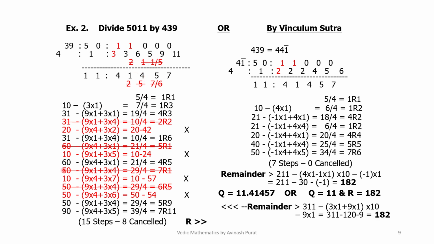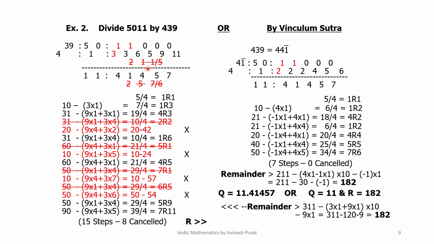Now 50 dividend minus 9 into 1 plus 3 into 4. So 9 plus 12, 21. 50 minus 21 is 29. 29 divided by 4. We can take 7 as quotient and remainder is 1.